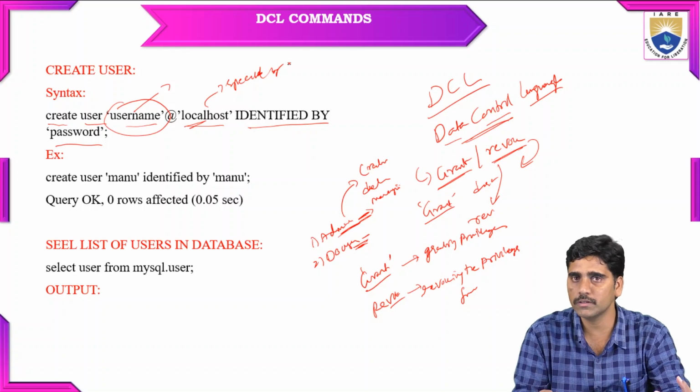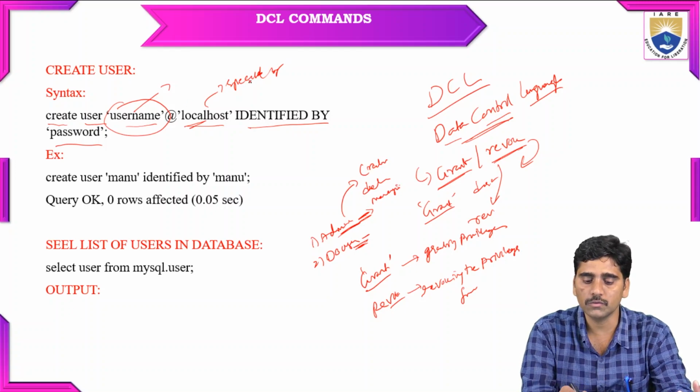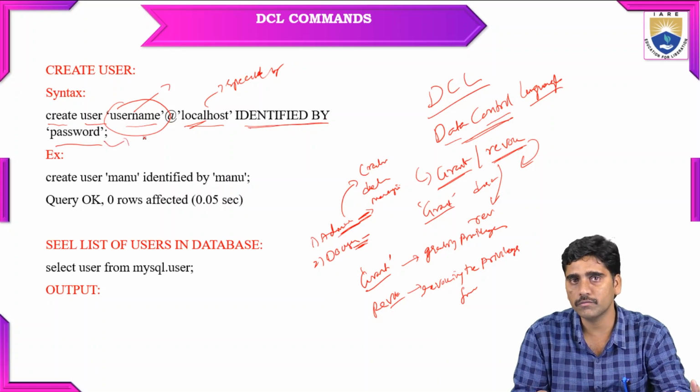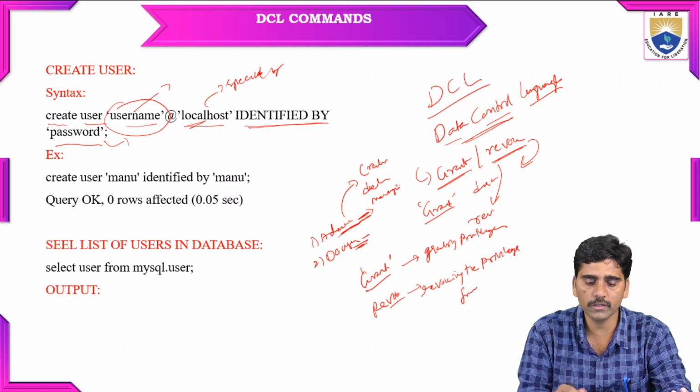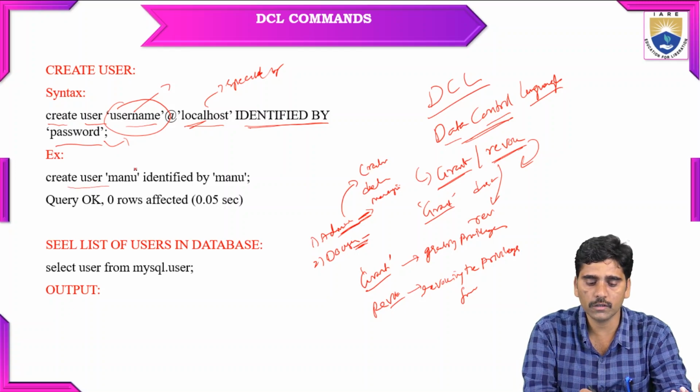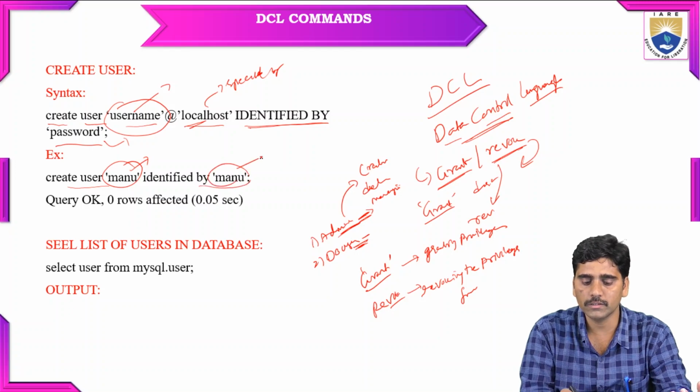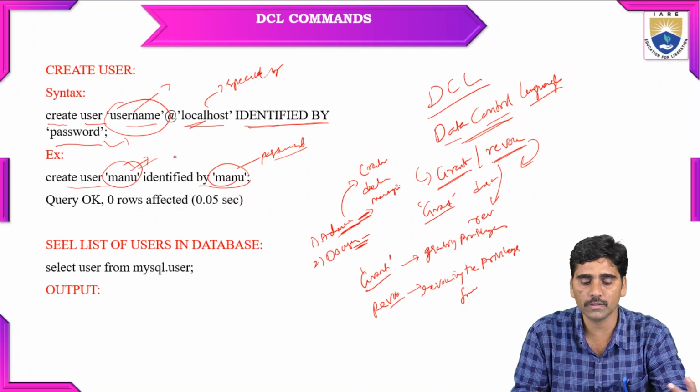If you want to specify it, you can, or else there is no need. Then identified by the password which you give for the user. For example, create user Manu identified by Manu. The username is Manu and the password is also Manu. These two act as the credentials for the database user.